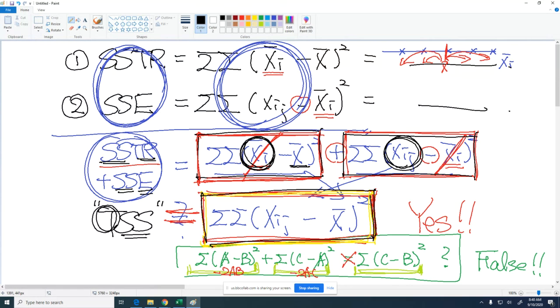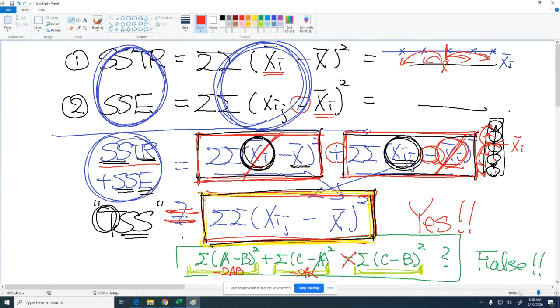And why is it called SSE, the inside? Because of the xij, the individuals in a sample. We take the xi bar, the sample mean in the sample, and take the distance inside to the individuals and take the variance.